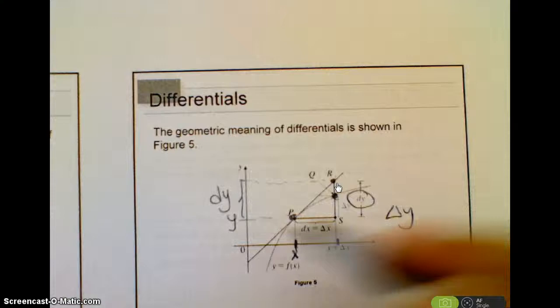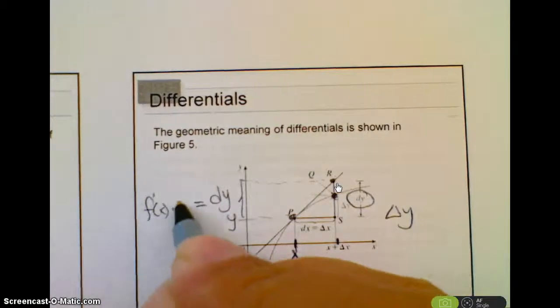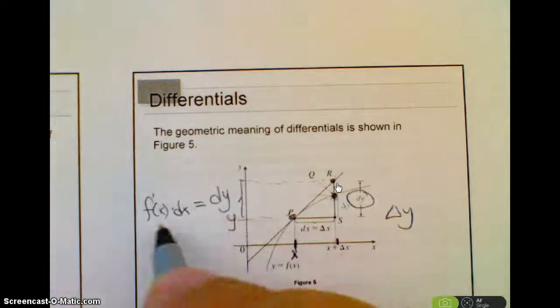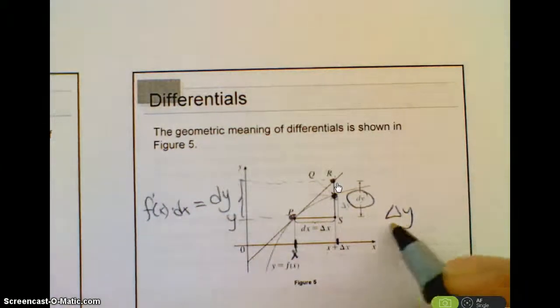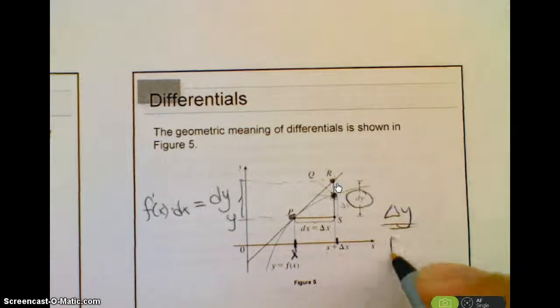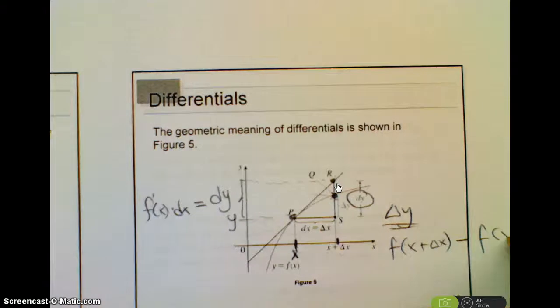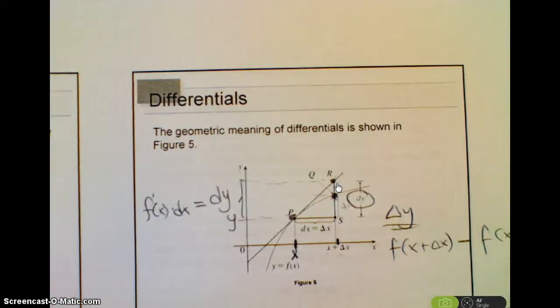The way of finding it is the derivative at x times the small dx that we may be given. And for the change in y, the only thing I have to do is find how much is f of x plus that change in x, and subtract from it f of x, and that will be my change in y.